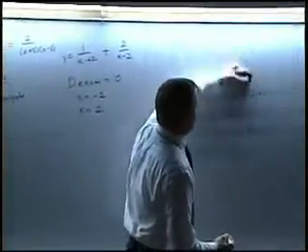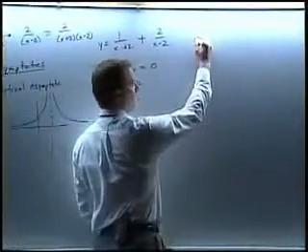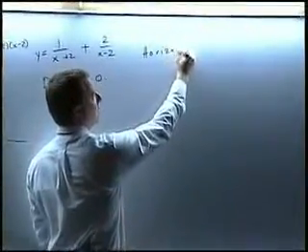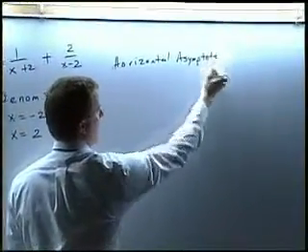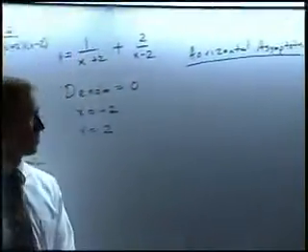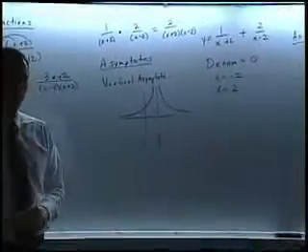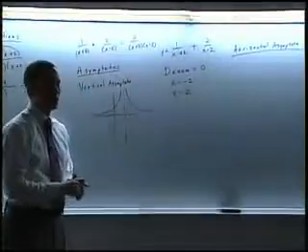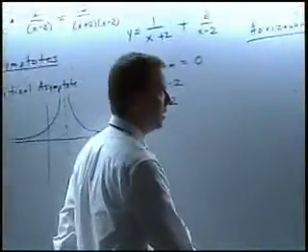The other type of asymptote that we will spend a lot of time on next week already is something called a horizontal asymptote. And there's a lot of ways to approach a horizontal asymptote, but I'm going to approach it via the calculus way because that's what we're going to be talking about shortly.